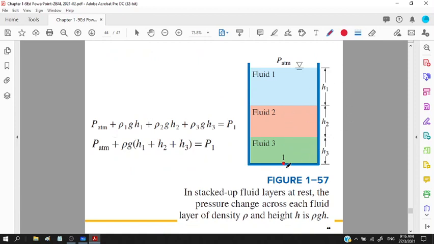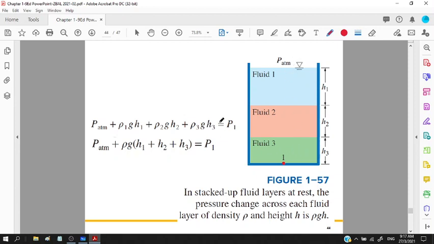So for example, at different levels, this is P1. How to get the P1? P1 is equal to rho g h, or P gauge 3 plus P gauge 2 plus P gauge 1. So P1 can also be written as rho g h3 plus rho g h2 plus rho g h1 plus P atmosphere.